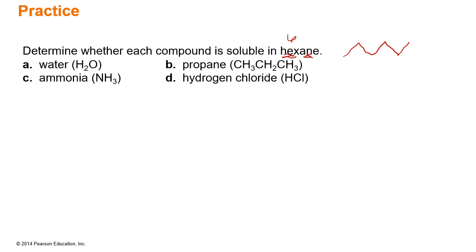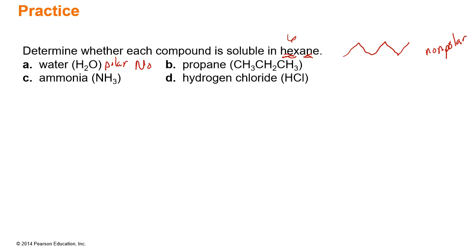So we have 6 carbons, no functional groups, so this is going to be a very nonpolar molecule. If we are going to have something soluble in it, it is going to have to be nonpolar itself. So water is polar. So no, it will not be soluble in hexane.